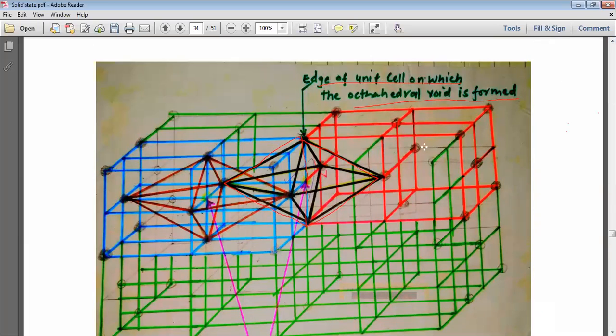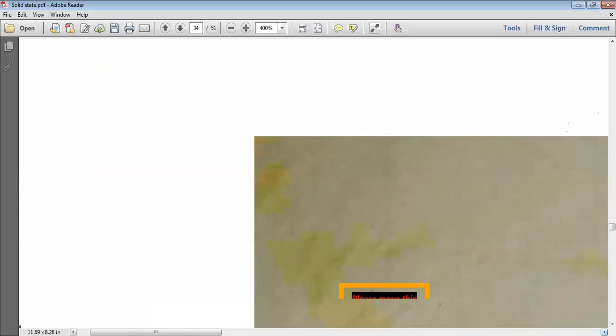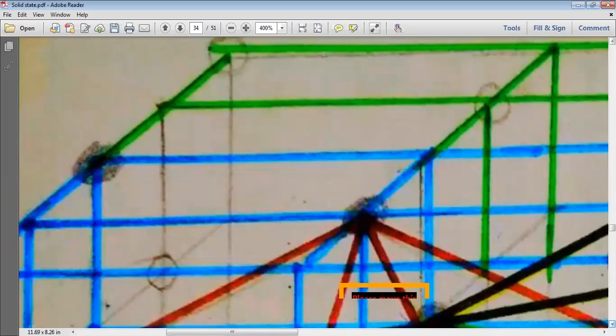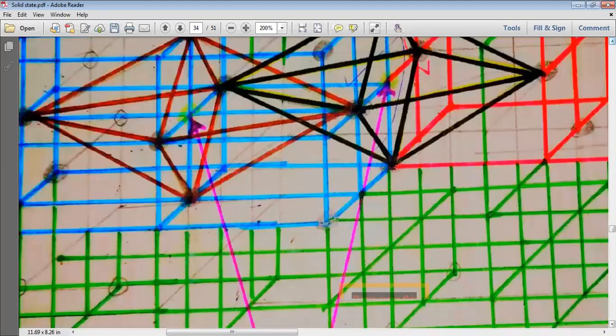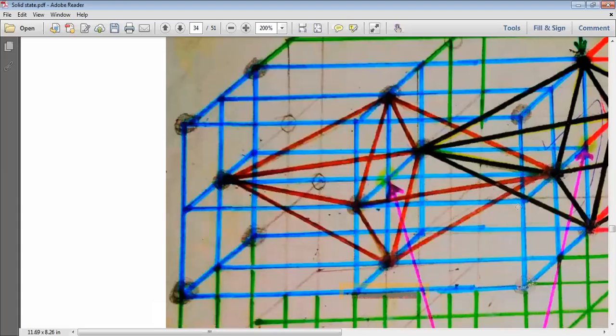So now if you really look into just the blue color of the void, let me show you this way. I think you will understand it better now. Just a moment. Now you can see the unit cell.